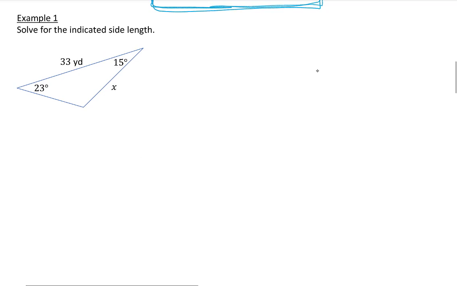So example 1, solve for the indicated side length. So we're looking for this side right here. We just go in order. We start with our right triangle laws. Do any of them work here? They could, but we don't know if this is a right triangle. So since we do not see a right angle in this picture, we're going to assume that this is a non-right triangle.